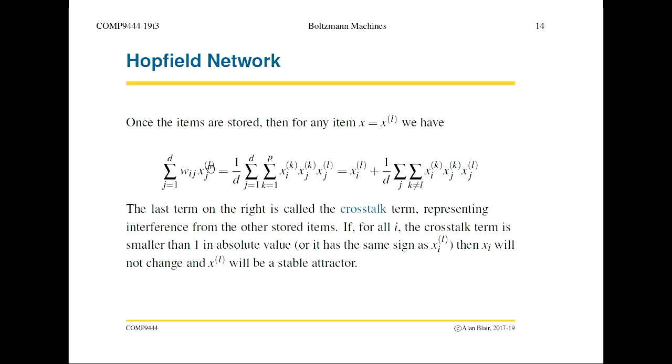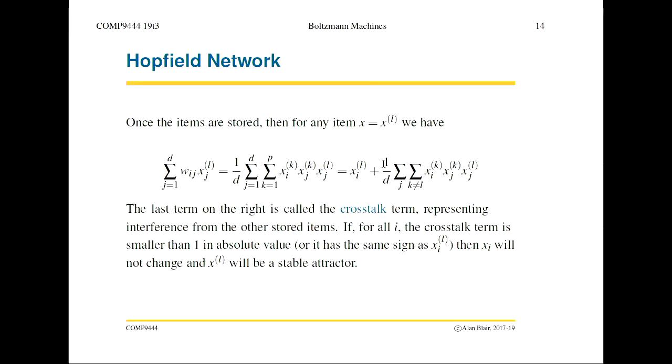And it turns out that because this value is calculated based on comparing the signs of the other pixels with x_i, this turns out to be equal to x_i plus this extra term. So if this combined term is positive, then the next value of x_i will be +1, and if this whole thing is negative, the next value will be -1.